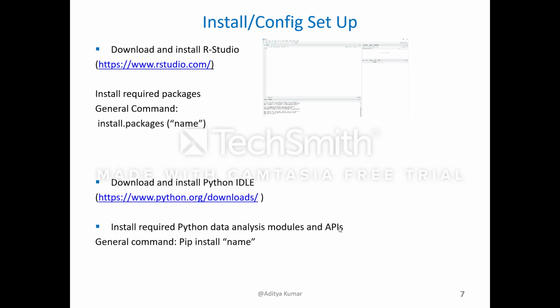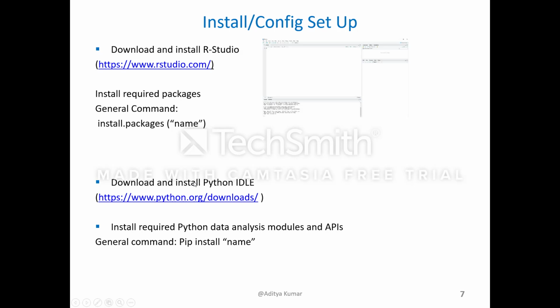Now, installation and configuration of the software I'm using. RStudio is downloaded from the website rstudio.com, and the procedure is self-explanatory. You just have to click on next for most of the installation, and it gets installed conveniently. I needed several packages which I installed using the install.packages command, the name being replaced by the package I wanted to install.